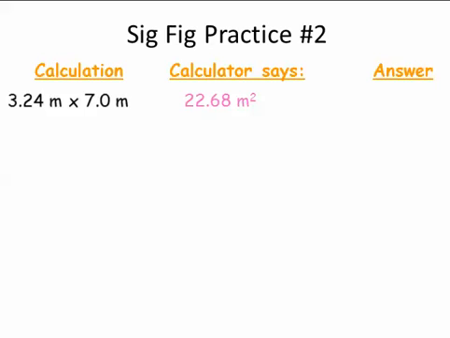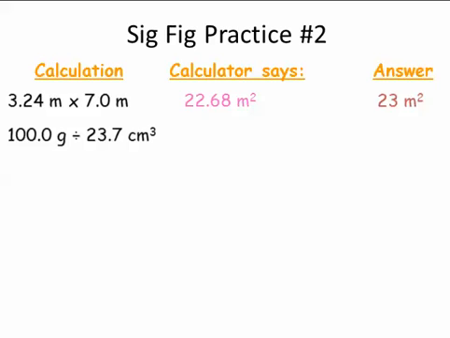You should pause it, make sure you can get the correct answer, check yourself as we go through this. So 3 sig figs, 2 sig figs, so your answer can only have 2. So we have to round it off, start on the left, 1, 2, the next number is a 6, so this 2 becomes a 3. So our answer is 23 square meters.